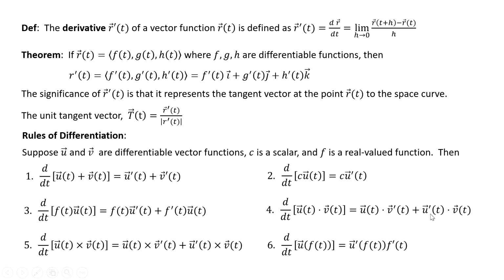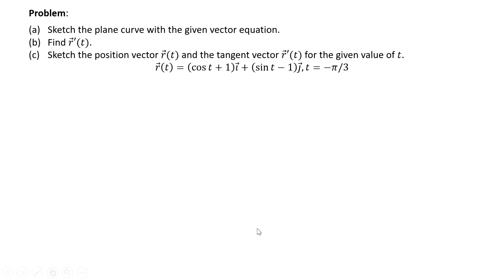Did we have to worry about swapping here? Instead of saying u prime of t dot v of t, could I have said v of t dot u prime of t? Oh, that would have been okay, because a dot b is in fact equal to b dot a. Right? Cool.